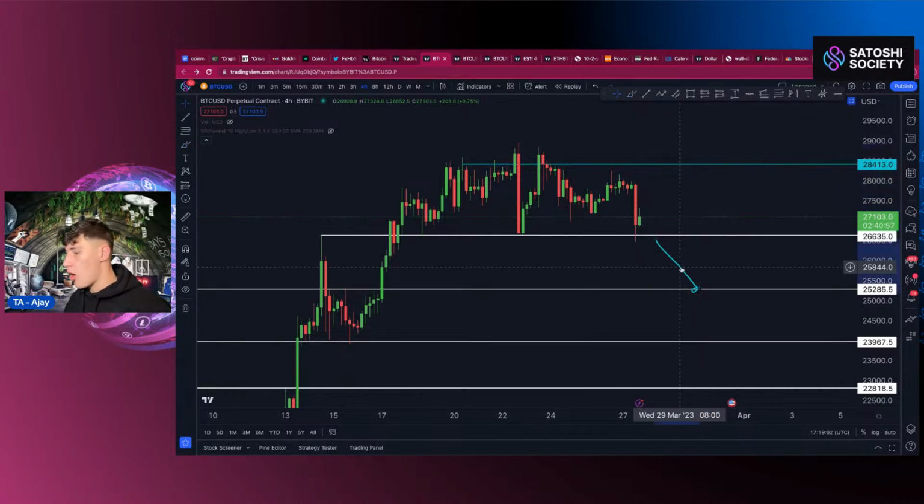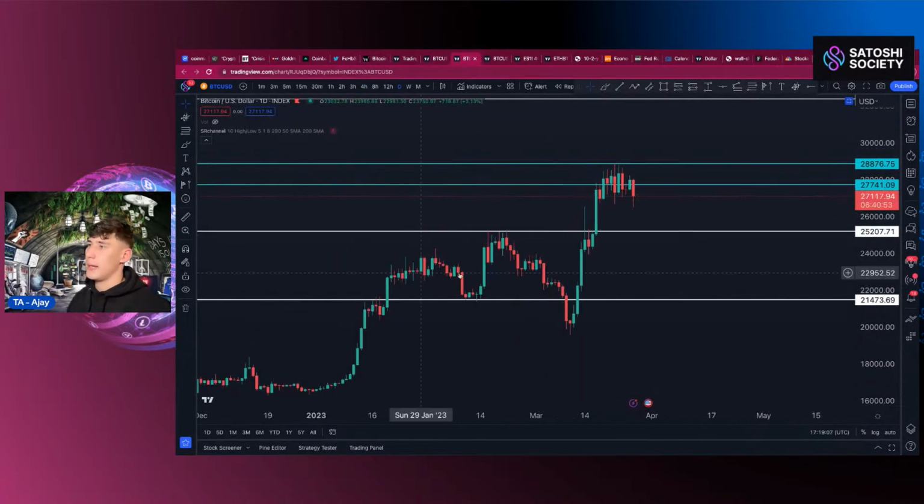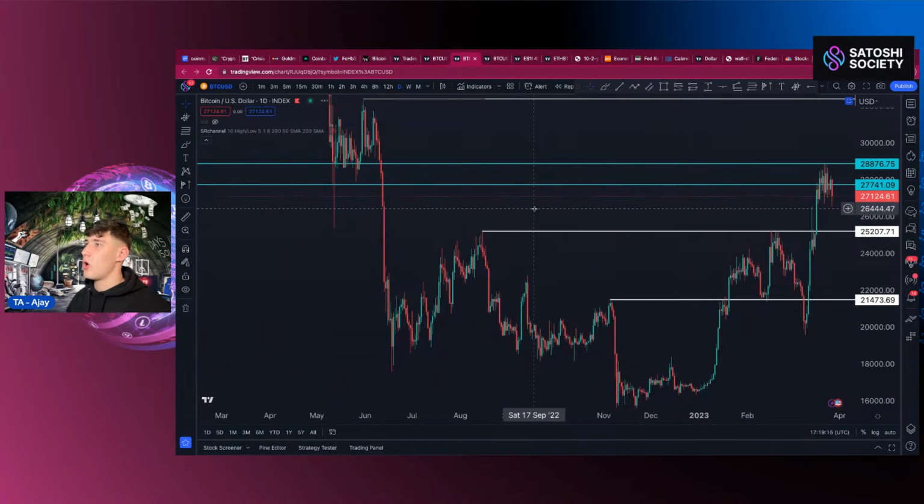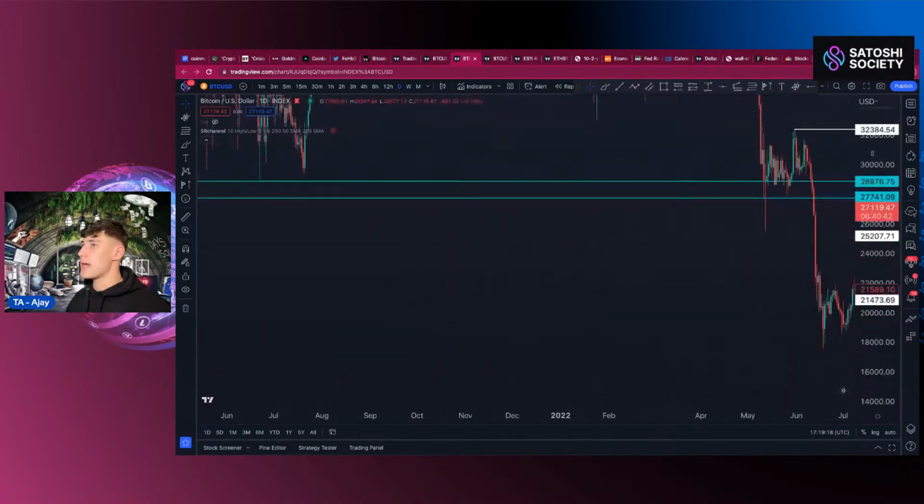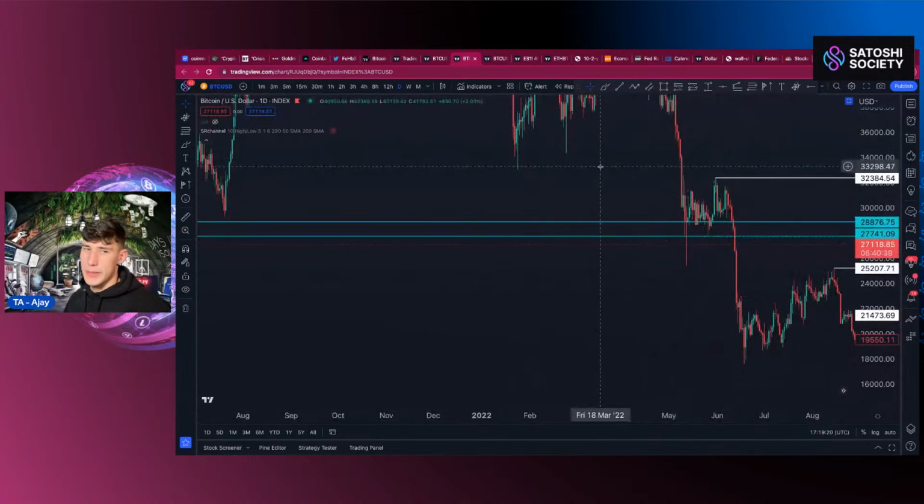But right now I am taking a bet that the market is going to move down, based off this chart here, forming bearish divergences coming into major resistance between 27,741 and 28,876. Why? This has been a major level coming into this bear market.